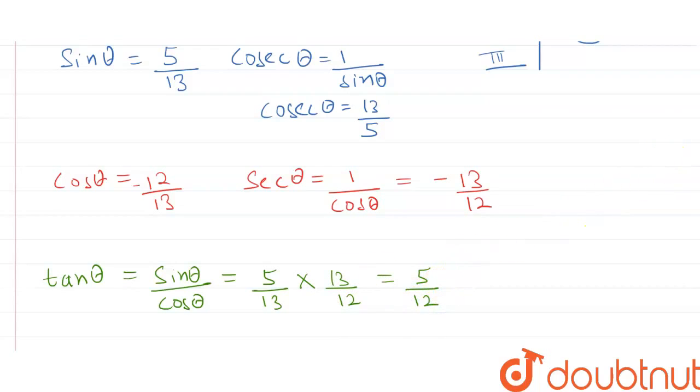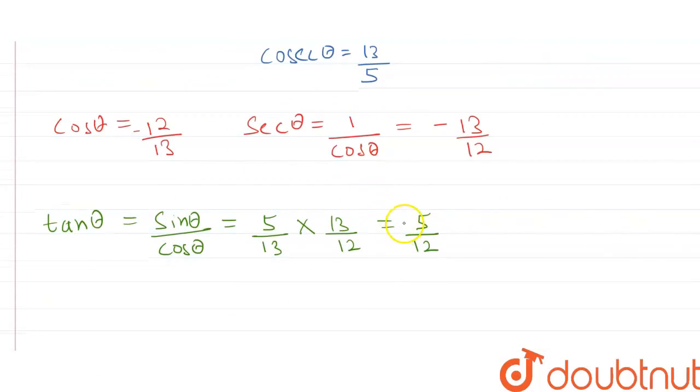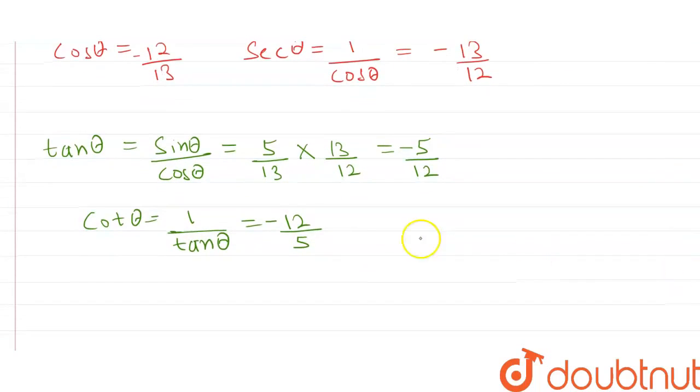Since I have already mentioned that tan would be negative in this quadrant, the final answer is minus 5 by 12. And talking about cot theta, it is 1 upon tan theta. So the final answer comes out to 12 by 5, and since cot is also negative in the second quadrant, we would assign a negative sign here, and we have found the values that are asked in the question.